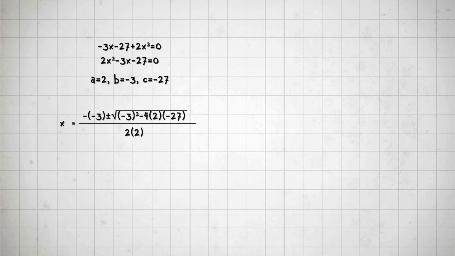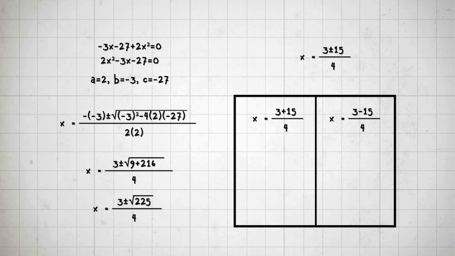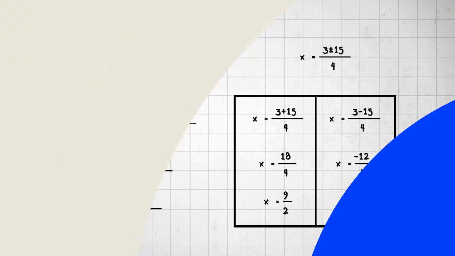Next, we evaluate each term in the numerator and the one in the denominator. 225 is a perfect square number. Its principal root is 15. We write two equations using the two roots of 225 and then we solve for x. If the value of x is not an integer, we express it as a fraction in simplest form. So, the roots are 9 over 2 and negative 3.